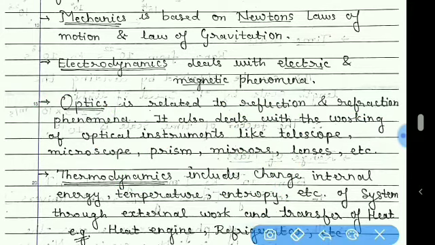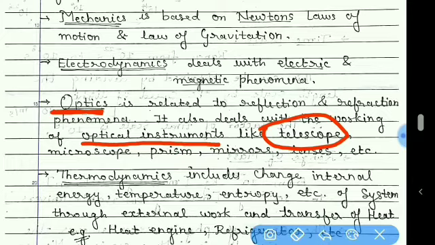Also, many instruments work on optics, and these are called optical instruments. Telescopes are used to observe the stars, planets, or other celestial objects.